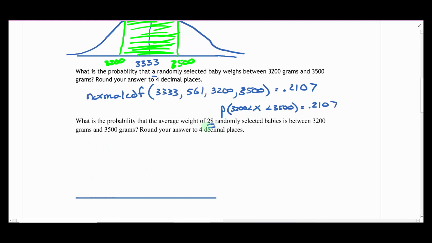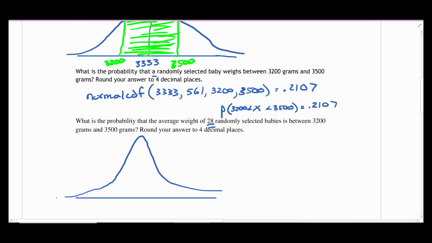Now, as the sample size increases, going from 1 up to 28, what that does to the shape is it's still normal, but it's a skinny normal. So we're going to have a very skinny normal curve, okay? That means our data points are going to be more concentrated around the center.